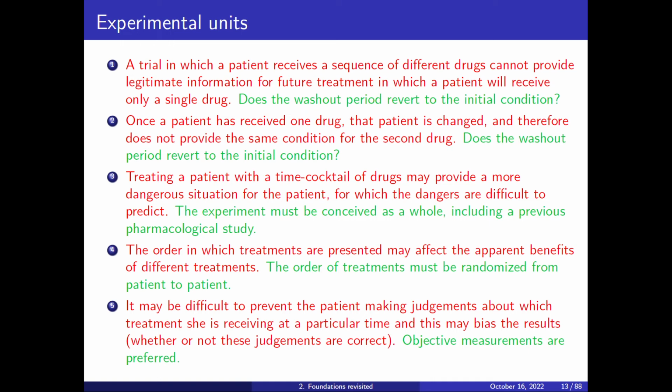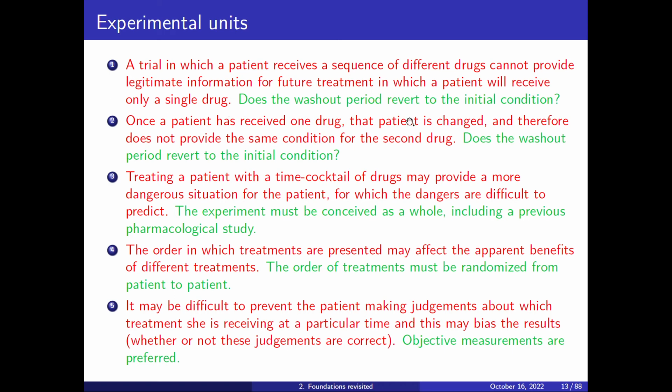So for instance, a trial in which a patient receives a sequence. So in red we have the arguments against, and in green we have the questions that we should ask, or what we should guarantee to counteract this possible problem. So a trial in which a patient receives a sequence of different drugs cannot provide legitimate information for future treatment in which a patient will receive a single drug.